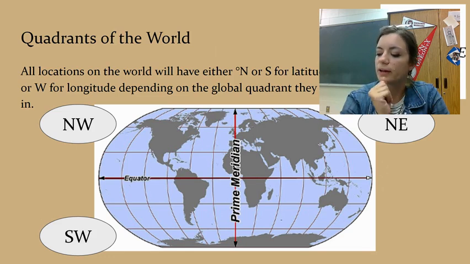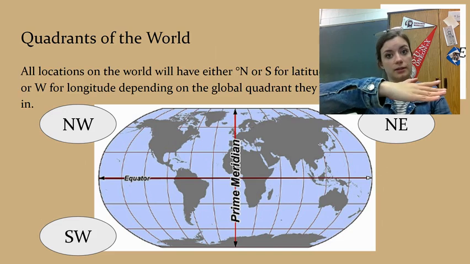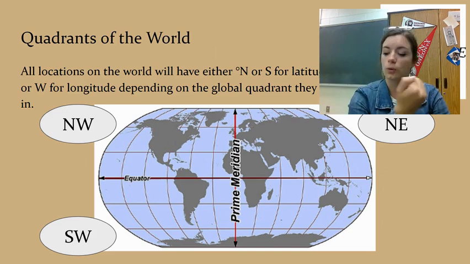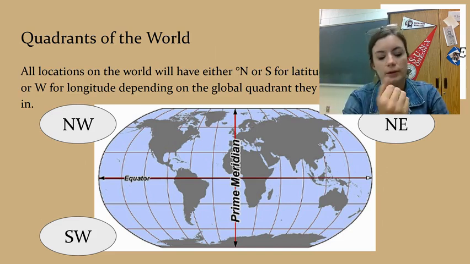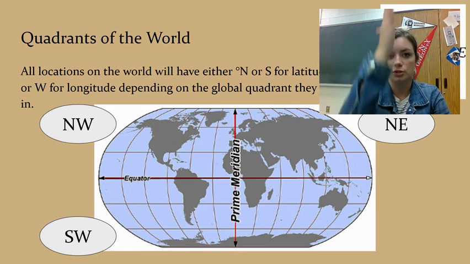The equator and prime meridian are both 0 degrees, but the equator is 0 degrees horizontal latitude. It goes through places like Ecuador. Think Ecuador, equator. And the prime meridian, like I said before, goes through Greenwich, England, and that's 0 degrees longitude, which is vertical.